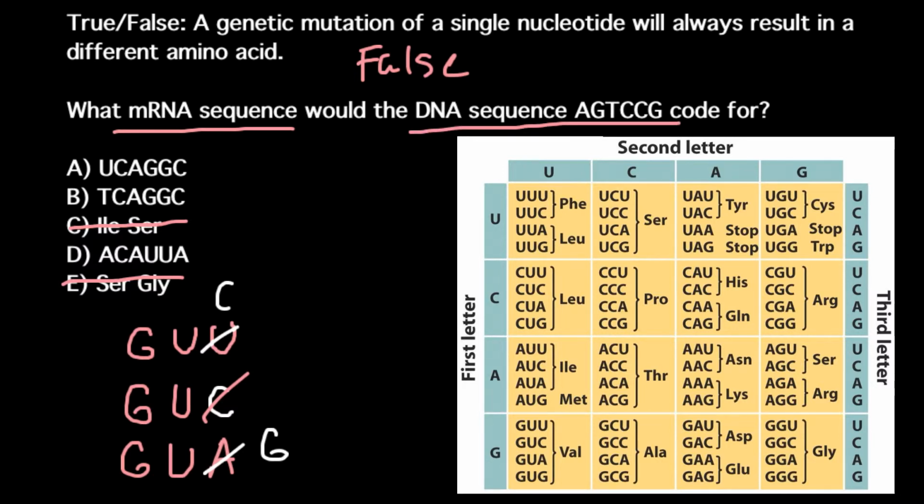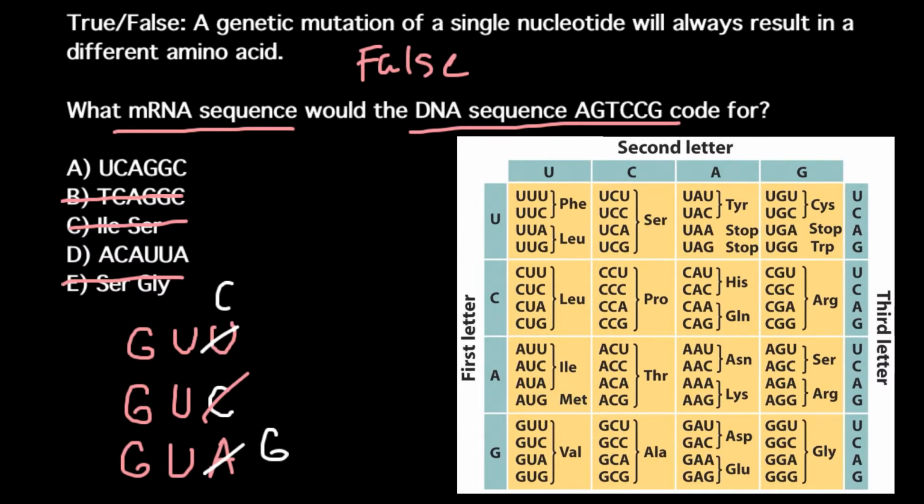We can also cross out answer B, because in this answer we see thymine, and messenger RNA cannot have thymine. Messenger RNA always has uracil instead of thymine. So we have to choose between answer A and answer D.